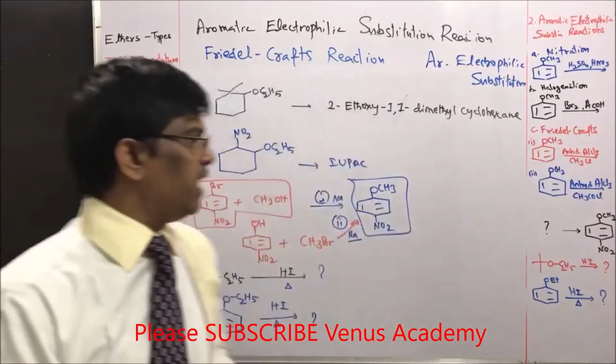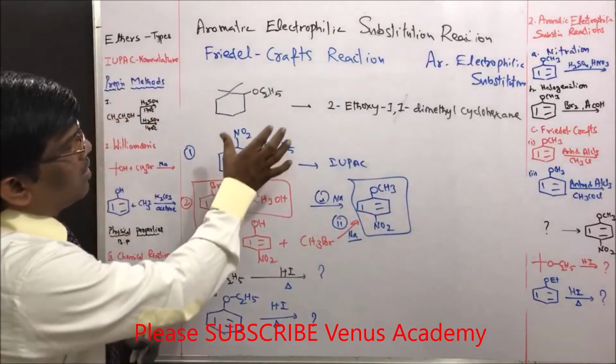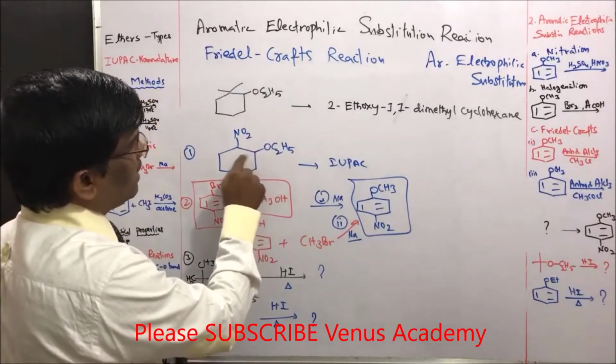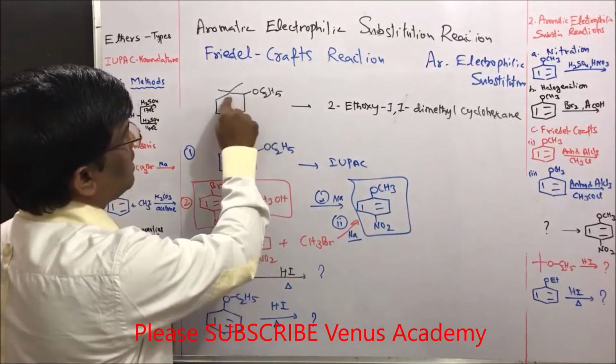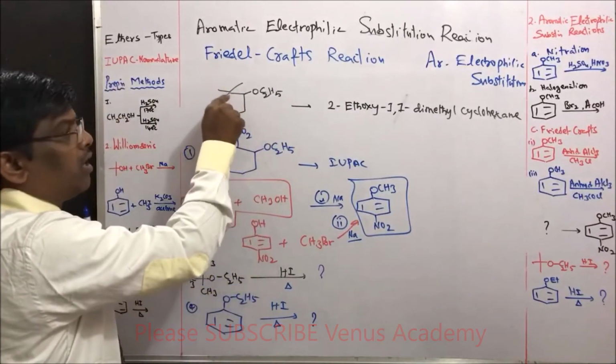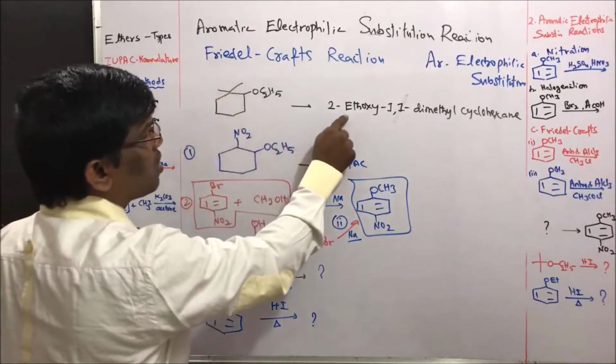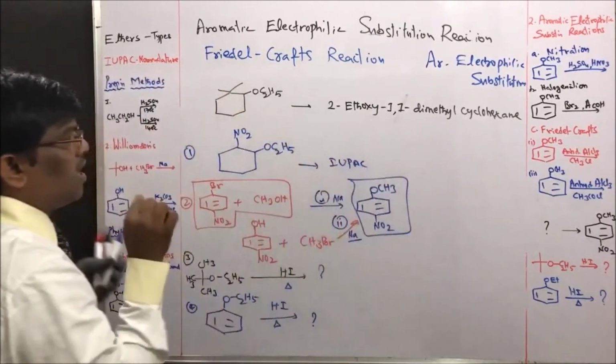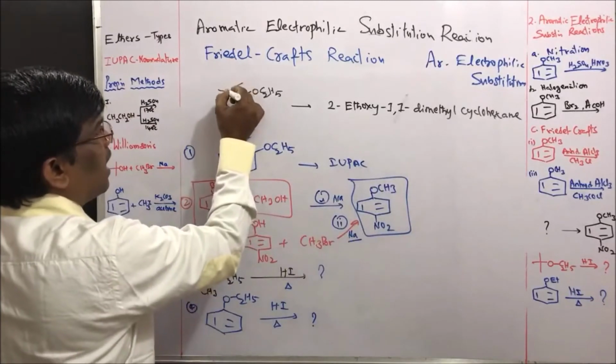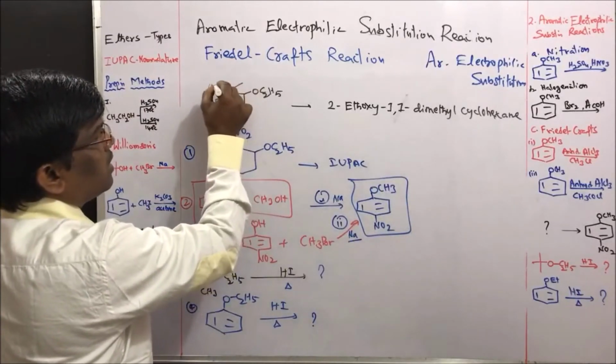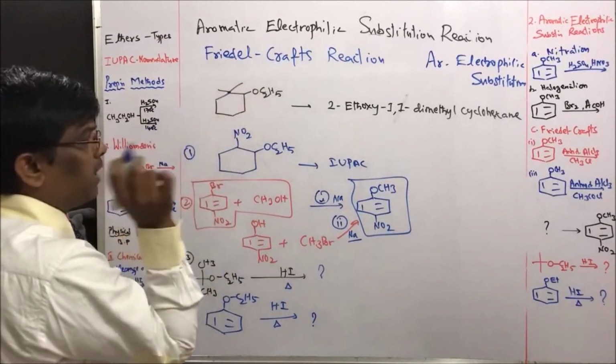Yes, students, it is very easy to write, because the key factor when you are writing this nomenclature is that in this case dimethyl is going to be prioritized. Ethoxy-1,1-dimethylcyclohexane, and moreover, since both methyls are attached to one carbon, the gem-dimethyl group is going to be prioritized.